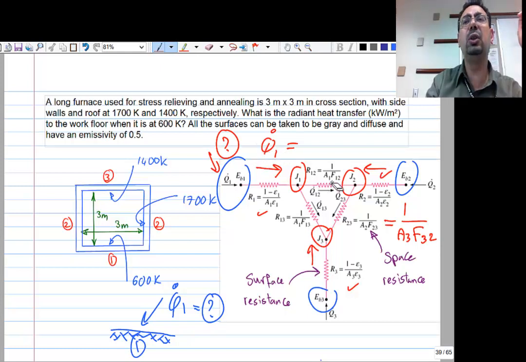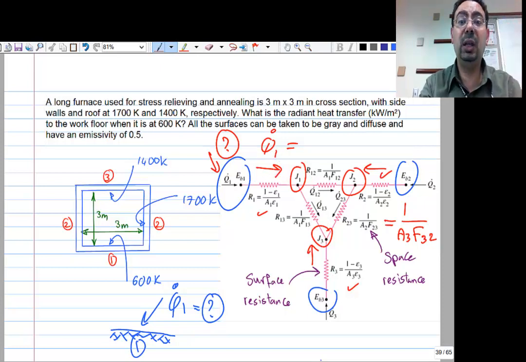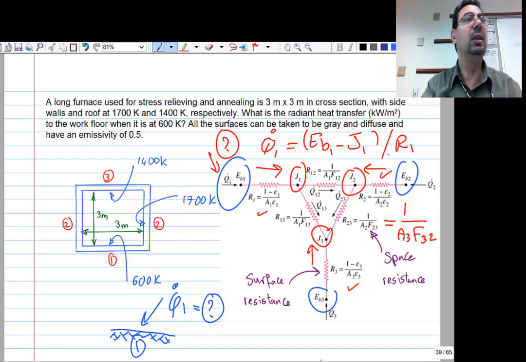You are saying Q dot 1 is Q dot 12 plus Q dot 13. Yeah, that works. If you resolve for those 2 Q's, we can add them and that will be Q dot 1. Or actually easier, I would say it's EB1 minus J1 over R1. And now, I know R1 and I know EB1.